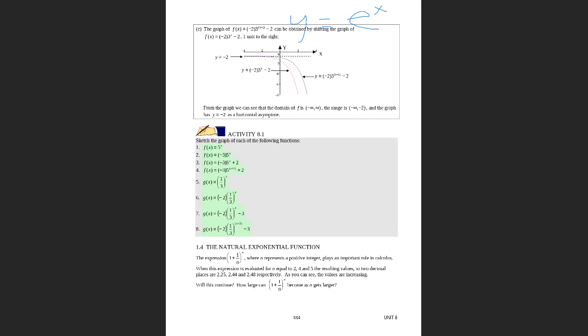The value of this e is an irrational number, which is 2.7 something something, so many numbers. So you write that on the calculator. If you punch e exponent 1, you are going to get 2.7 something, so many numbers.